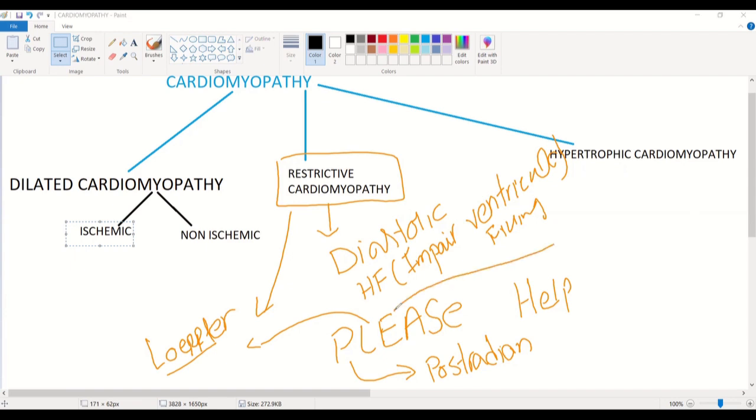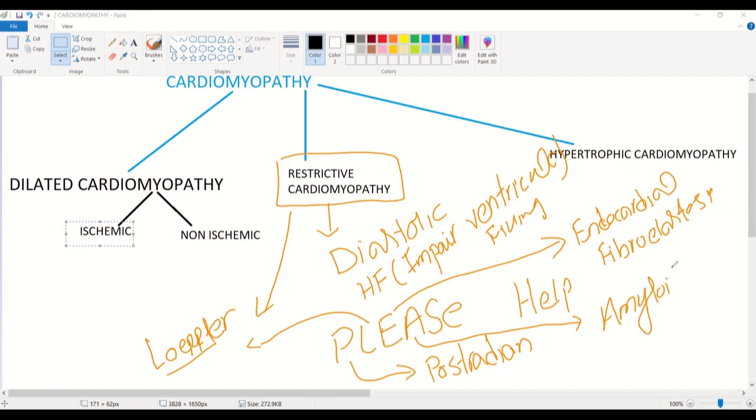E for endocardial fibroelastosis. A for amyloidosis. S for sarcoidosis. And H for hemochromatosis.